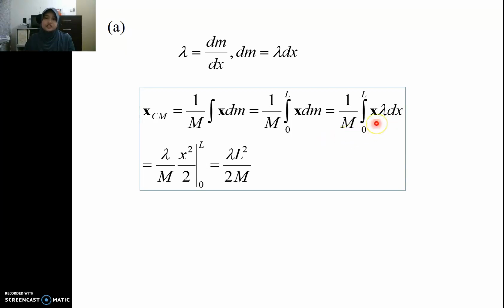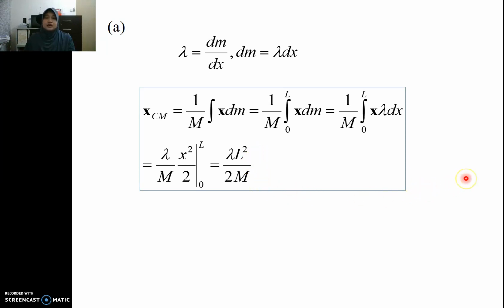You integrate x, so we get x squared over 2, and we substitute x with L and 0. Finally, we have lambda L squared over 2m.